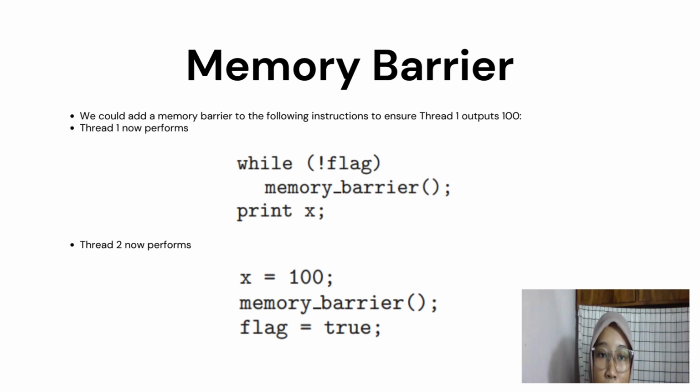Thread 1 now performs: while not flag, memory barrier, and print x. Thread 2 now performs: x equals 100, then memory barrier, and flag equals true.